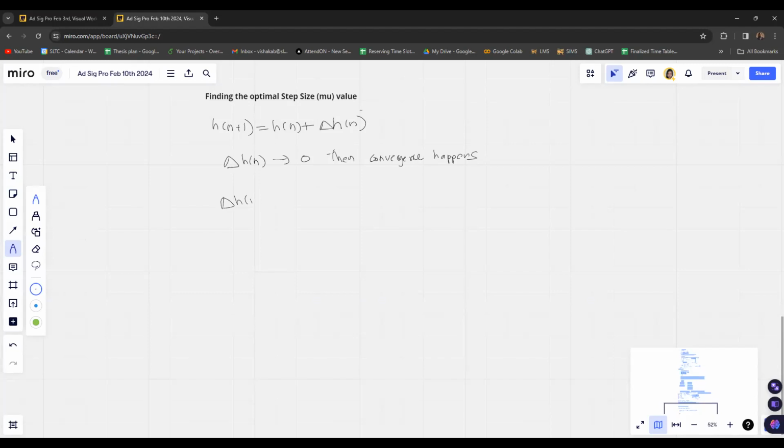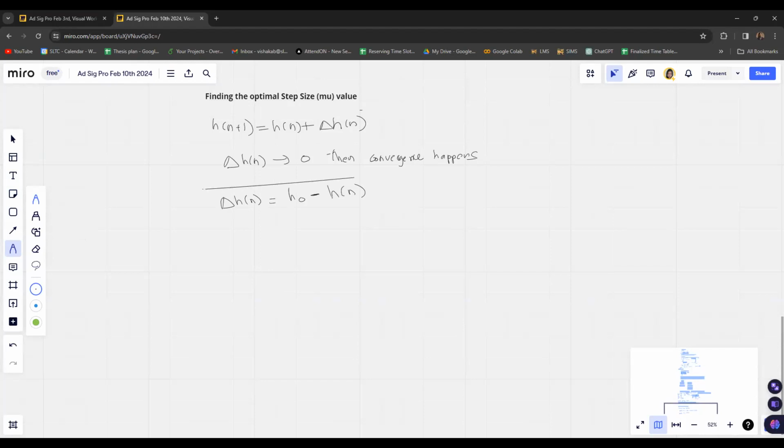So when I consider this delta Hn, it will be the difference between the optimal value of the filter coefficient and the past values of the filter coefficient, right? So this delta Hn value we can take as the difference between the optimal value of the filter coefficients that you are going to find and the current value of the filter coefficient.